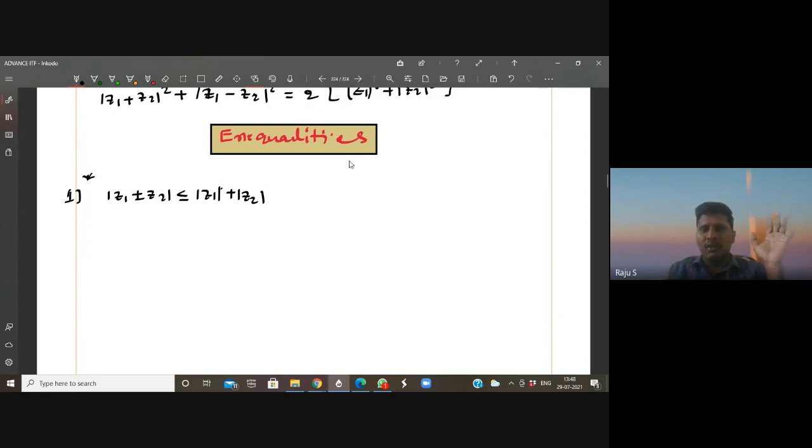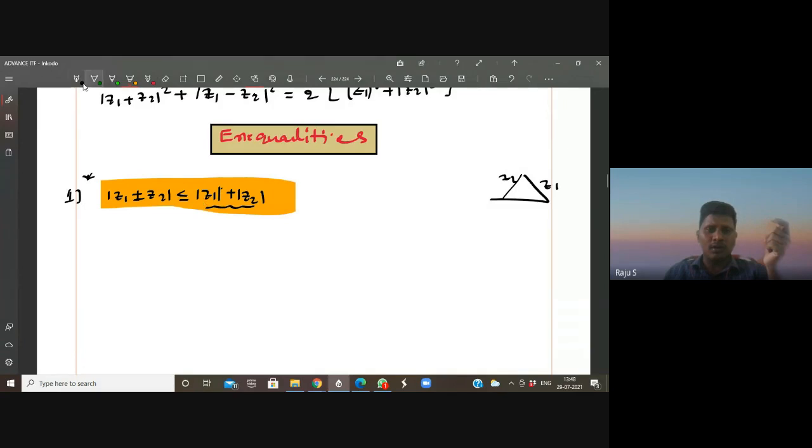If you take any two sides as complex numbers, you can take a triangle, take z1, this is z2, then z1 plus or minus z2 is the remaining side, the resultant. The modulus of the resultant will be lesser than or it may be equal. It is either plus or minus. So this is true for any two complex numbers; it will always be satisfied.